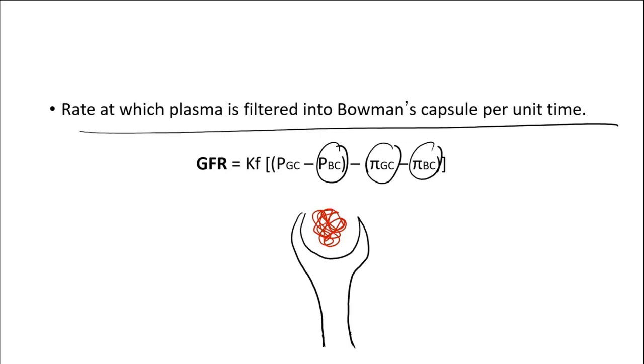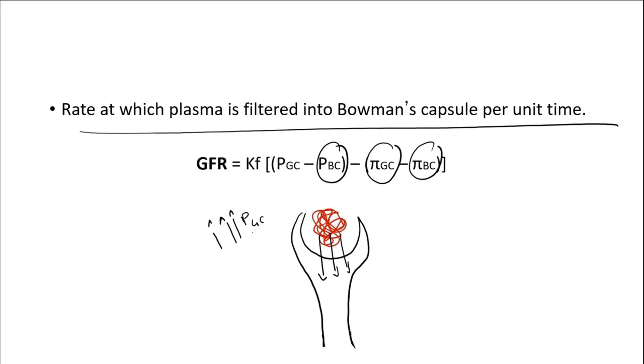So glomerulus has glomerular capillary hydrostatic pressure. If it is high, there will be more filtration.